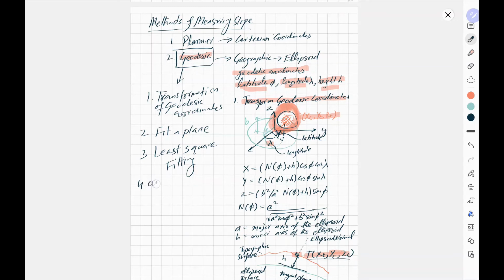you compute the angle, you compute the tangent, basically you compute the tangent of the topographic surface at a point.